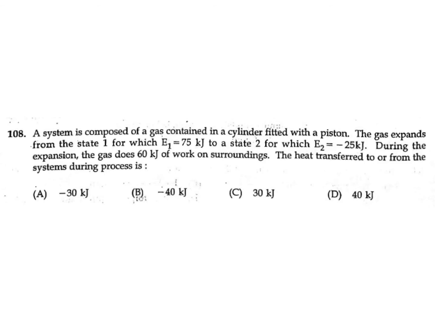So process 1 to 2, from first law, Q12 equals change in internal energy plus W12, that is E2 minus E1 plus W12.